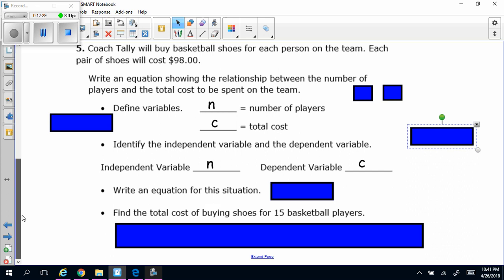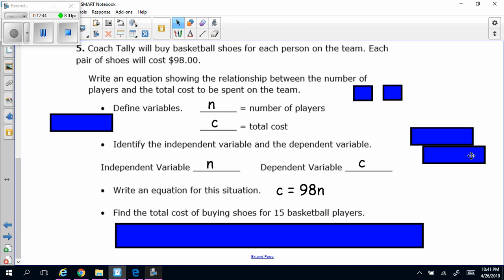So the next step is writing an equation for this situation. We know that the dependent variable is C, the total cost, and we know the independent variable is the number of players. This would be represented as C equals 98n, where the total cost would equal $98 per shoes for each player. Now we have our equation.